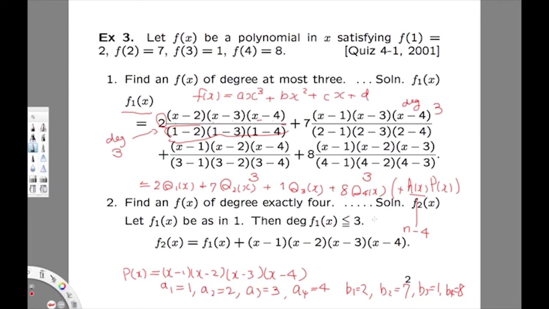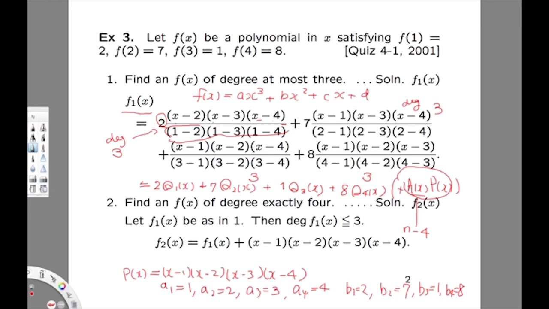The idea to get a polynomial of degree 4 satisfying these conditions is to just add something like this. But we want a polynomial of degree exactly 4, and this f1 of x part is of degree at most 3.